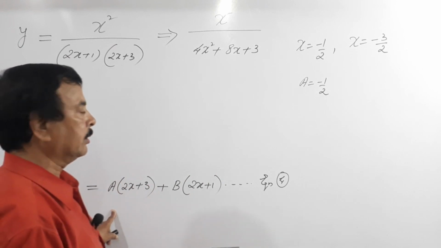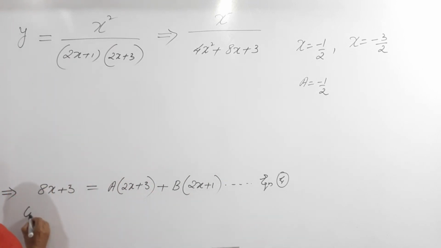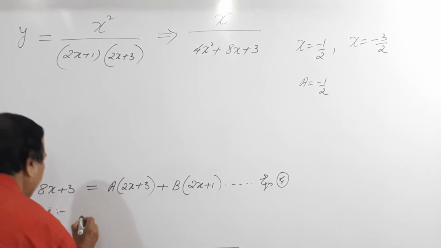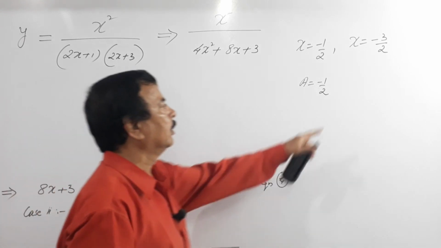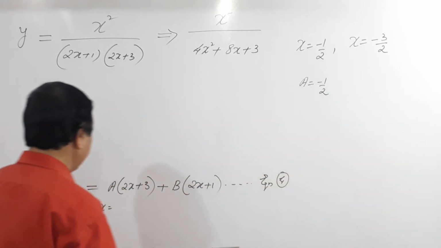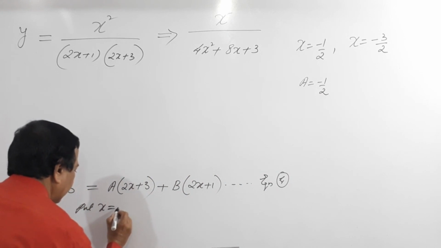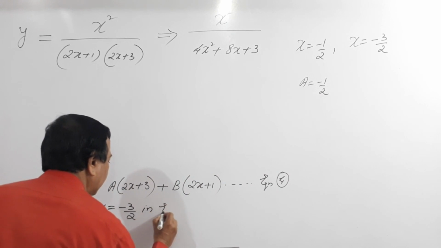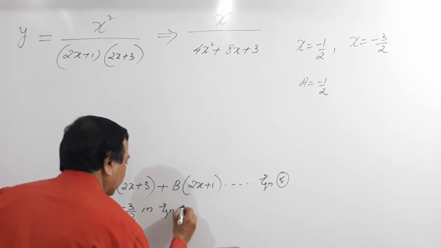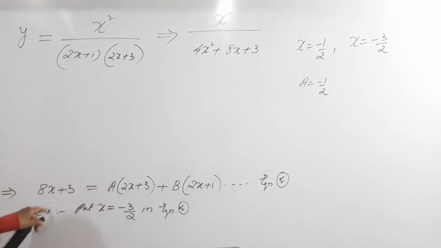Put second case, case 2: put x equals minus 3 by 2 in equation 4. What happens here?